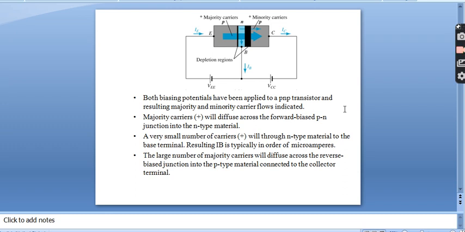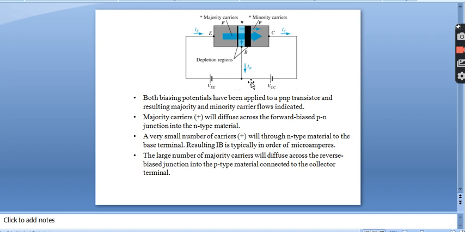A very small number of carriers will flow through the N-type material to the base terminal, resulting in IB, which is typically in the order of microamperes.